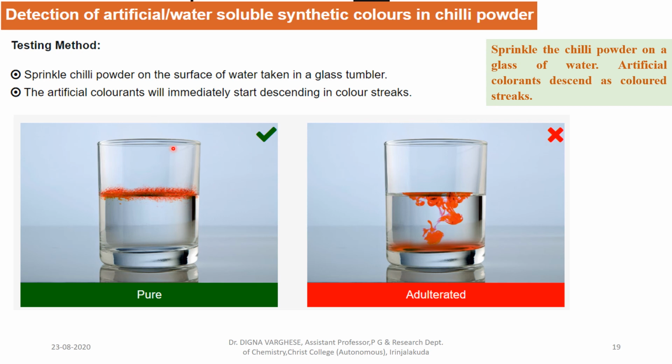If artificial colorants are present, they will immediately start descending in color streaks; that is, water soluble artificial colors will be descending in color streaks. So adulterated chili powder is like this, and the pure chili powder stays on the surface of the water taken in the glass tumbler.